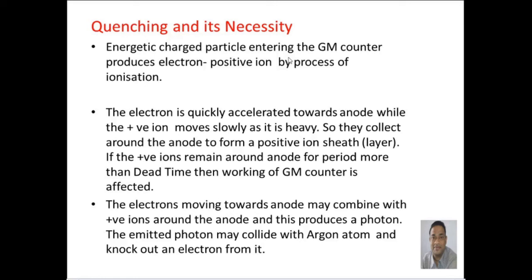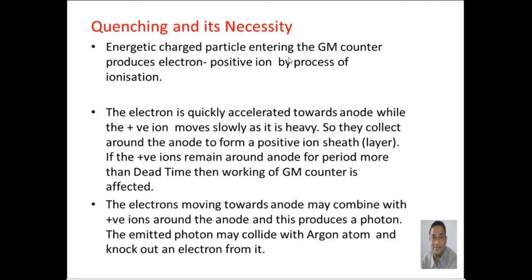Now when an energetic charged particle enters the GM counter, it produces an electron-positive ion pair by the process of ionization. The electron is quickly accelerated towards the anode because it is very lightweight, while the positive ion moves slowly towards the cathode as it is heavy.